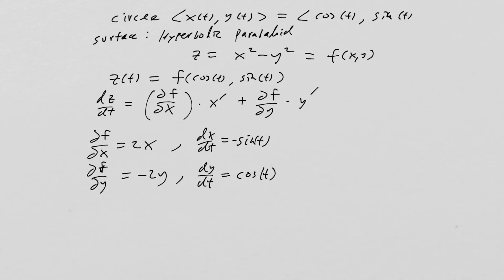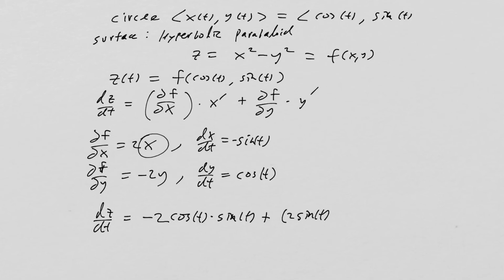Now let's assemble. We just have to remember we're evaluating the partial derivatives at the particular point of the circle that we're at. So dz/dt is equal to 2 times x, and x is cosine of t, times negative sine of t. And then we have a plus negative 2y, and y is sine of t, times cosine of t.